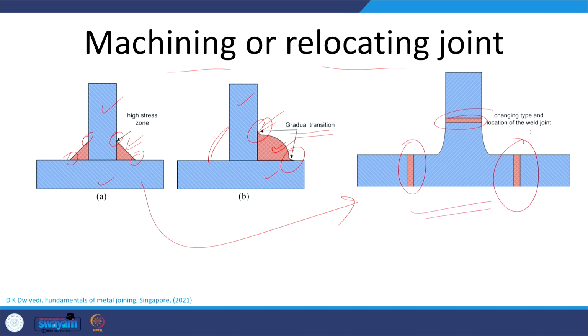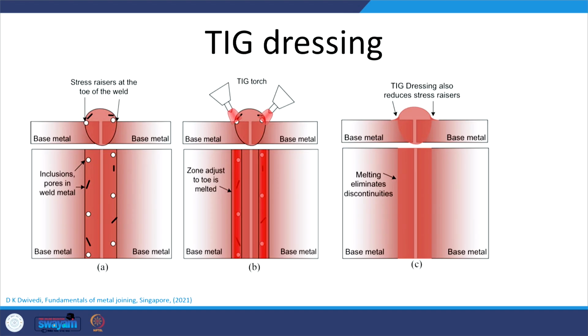So, the location of the joint will change, and the type of the joint will also change, because fillet welds come with inherent stress raisers at the toe of the weld, which is not the case in the butt joint. That is why the proper type of joint or relocation of the joint helps in improving the joint performance.